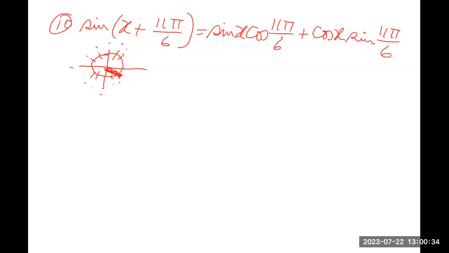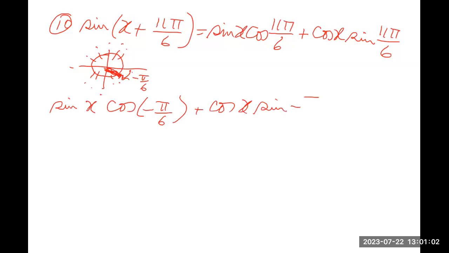So 11 pi over 6, you can think of it as just negative pi over 6, because if you went clockwise, this angle would be negative pi over 6. So I can write this as sine x cosine of negative pi over 6 plus cosine x sine negative pi over 6.